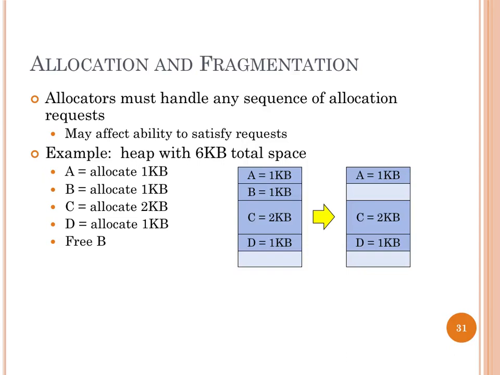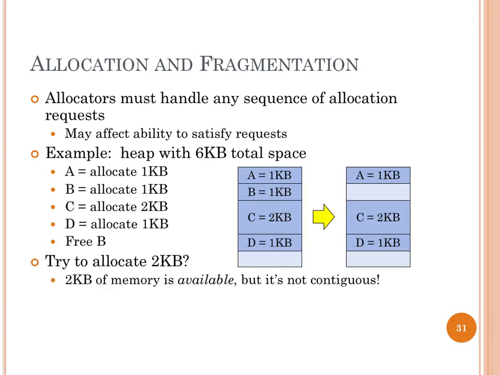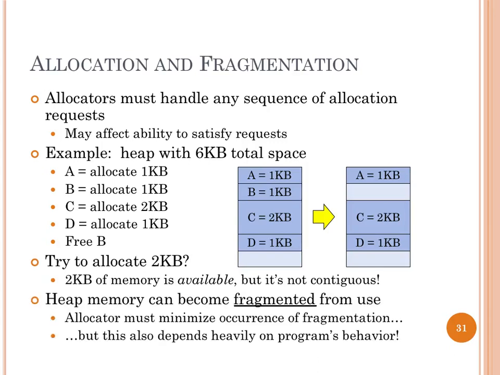2 kilobytes, right? What's the largest allocation request we can satisfy? Not 2, right? People who are saying 1 are absolutely right. Okay? So we have available 2 kilobytes, but it's not contiguous. And so this is called fragmentation.